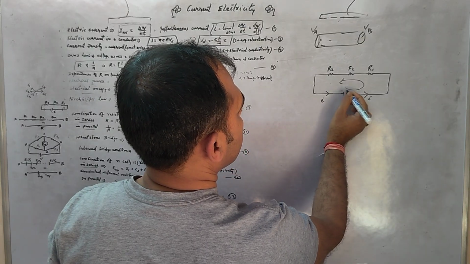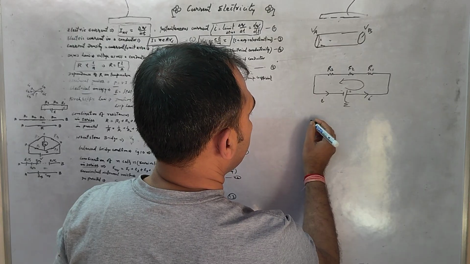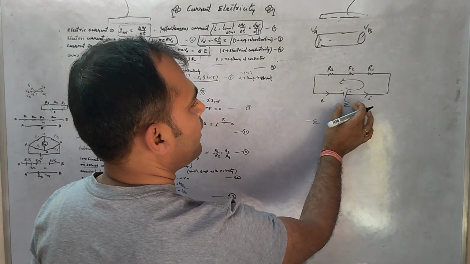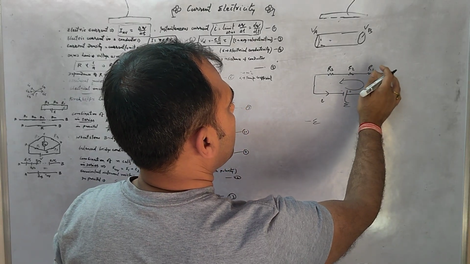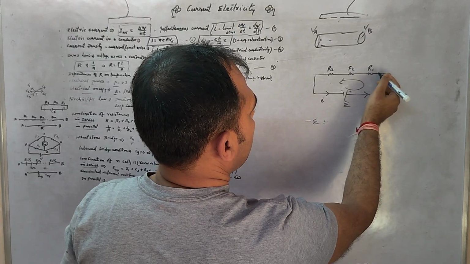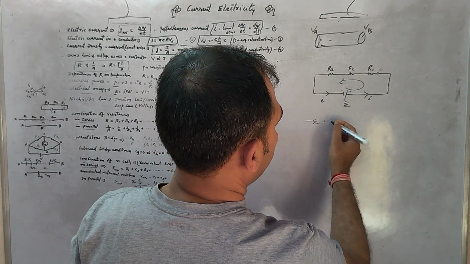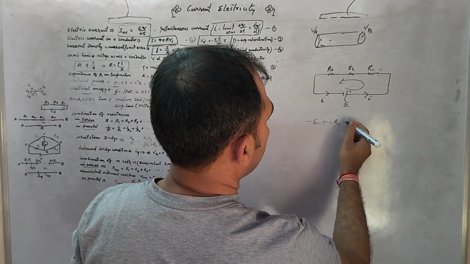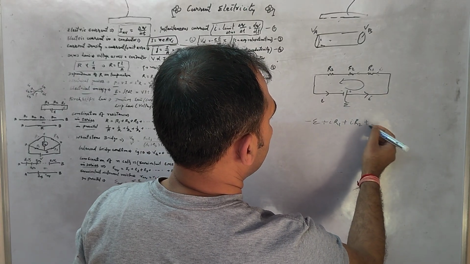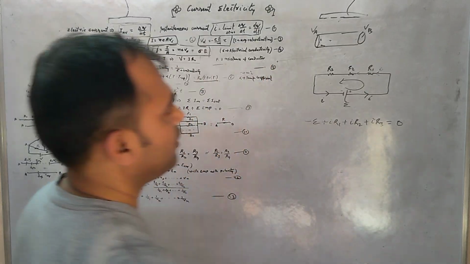From here this is minus, this is plus, so we will start from the minus terminal. This will be minus E, the EMF of the battery. Then the potential drop across R1 will be, as I is going in the same direction, positive IR1, plus again IR2, plus again IR3, that will be 0.